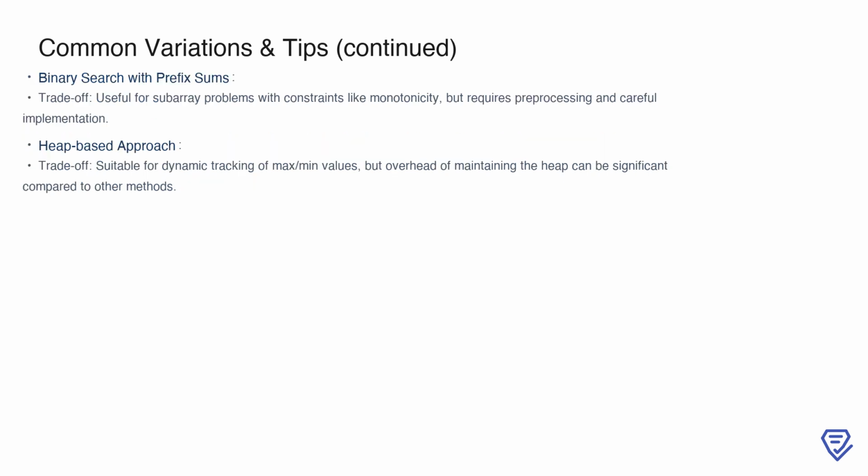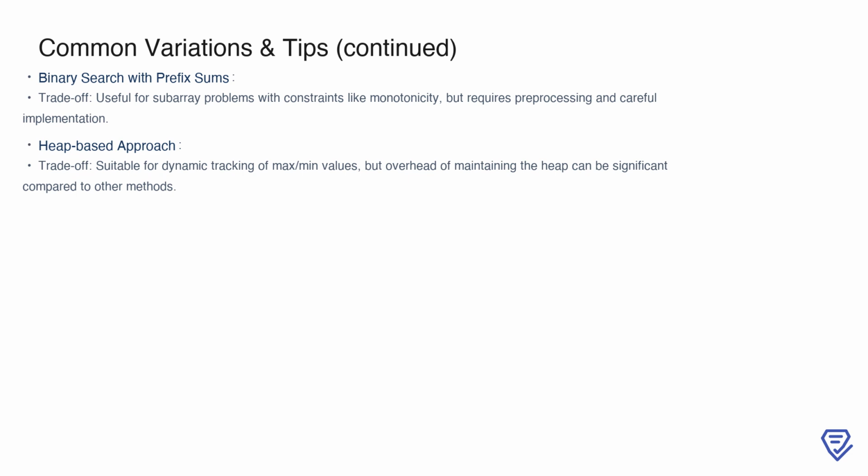There are additional methods to consider for solving subarray problems. Binary search with prefix sums, for instance, is particularly useful when the problem involves constraints like monotonicity. While this approach can be powerful, it requires pre-processing the array and demands careful implementation to ensure correctness. Another option is the heap-based approach, which is well suited for dynamically tracking the maximum or minimum values within a subarray.